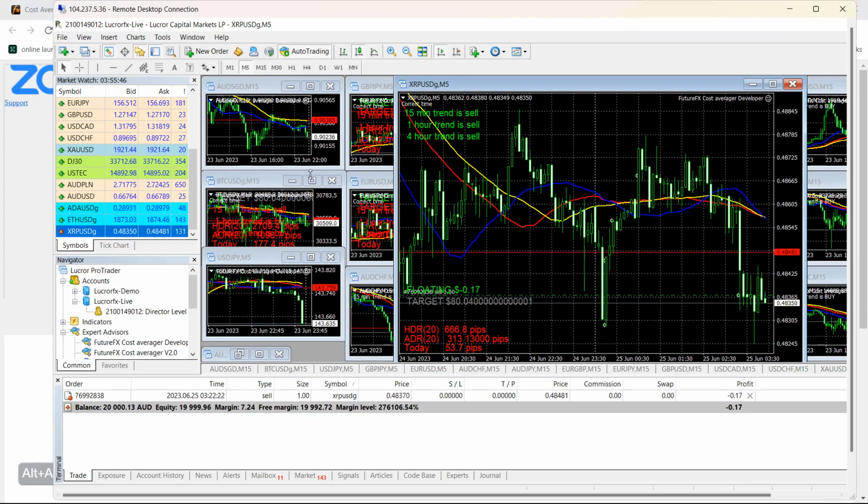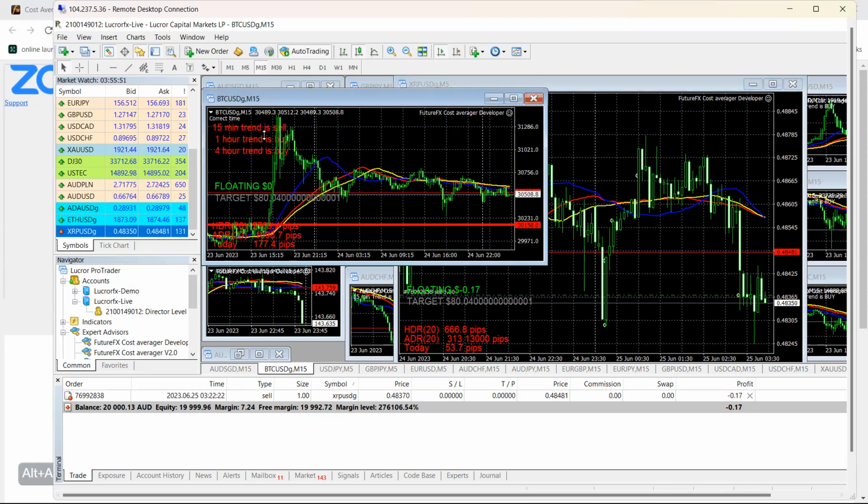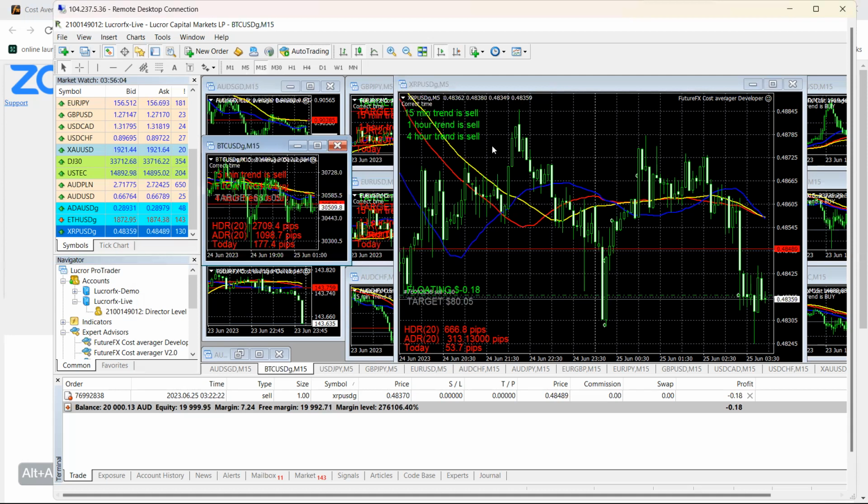If the trends aren't lined up, then the writing here will be red. When they all line up, it doesn't matter if they're 3 sells or 3 buys, then they'll turn green. So that's an easy way to see out of a whole heap of pairs which ones are right for the picking, so to speak.